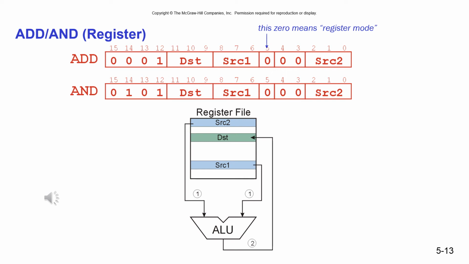The operand from source register number 1 is retrieved, the operand from source register number 2 is retrieved. A signal is sent to an add or AND circuit, depending upon the opcode. And the contents of source register 1 is added or ANDed, depending upon the opcode, with the contents of source register 2, and the result is then stored in the destination register. Pretty straightforward.